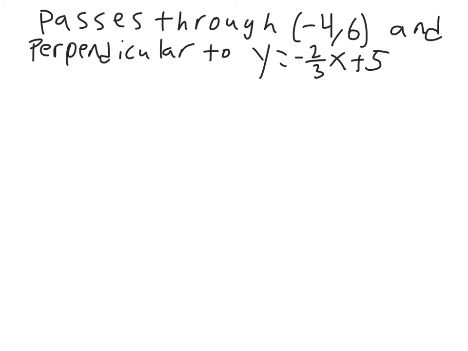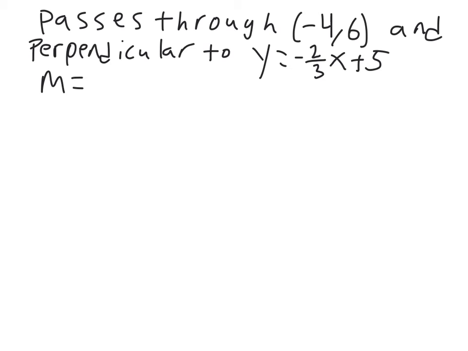Alright, now we're dealing with a line that passes through (-4, 6) and is perpendicular to y = -2/3 x + 5. First, it's already in slope-intercept form for us. So we just have to take this slope and say our slope, m, equals, now remember, it's perpendicular.